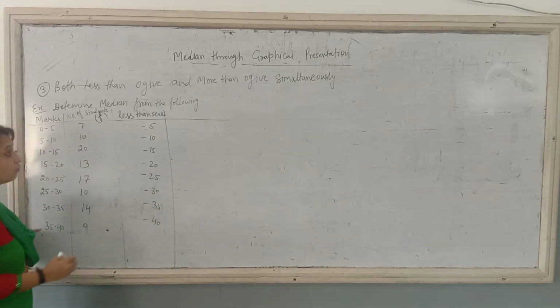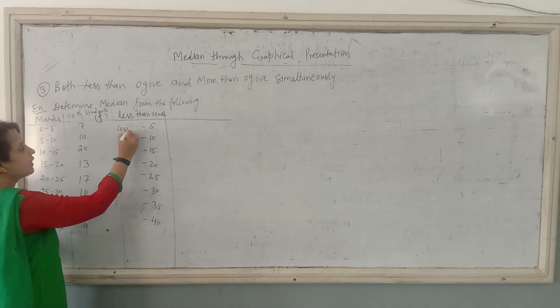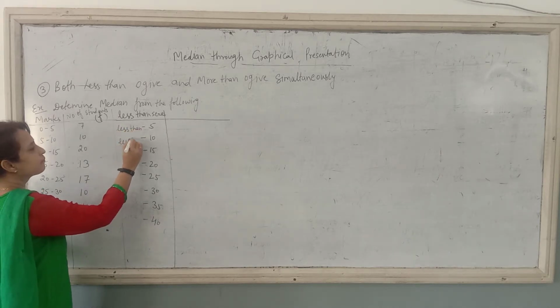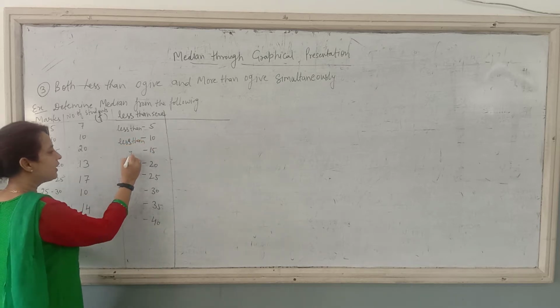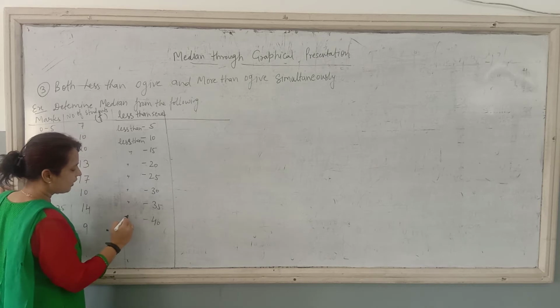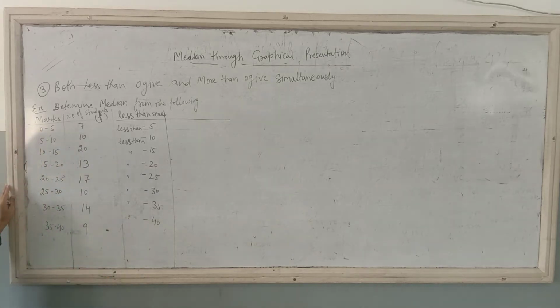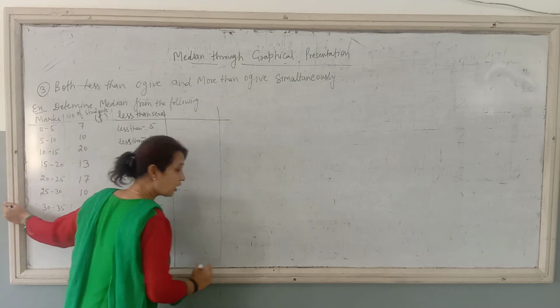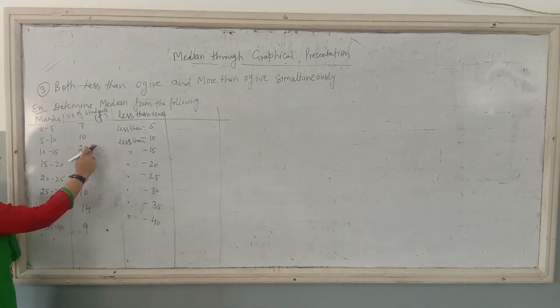Then write less than 5, less than 10, less than 15, less than 20, less than 25, less than 30, less than 35 and less than 40. Clear?